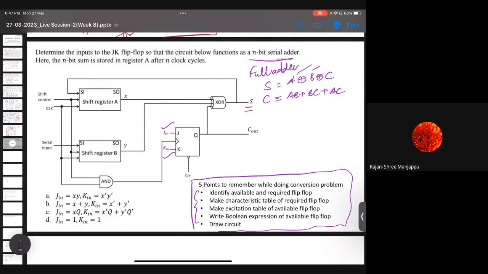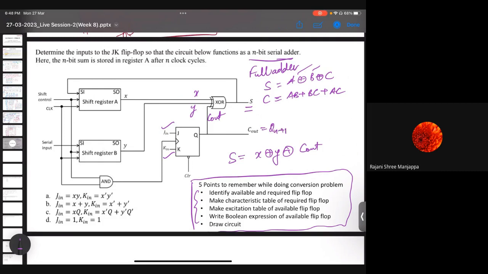You can see here S is nothing but this X and this Y and this C out, which is getting into the sum, which is nothing but XOR. So we can write S as X XOR Y XOR C out. And you know for a JK flip-flop, C out is Qn plus 1.